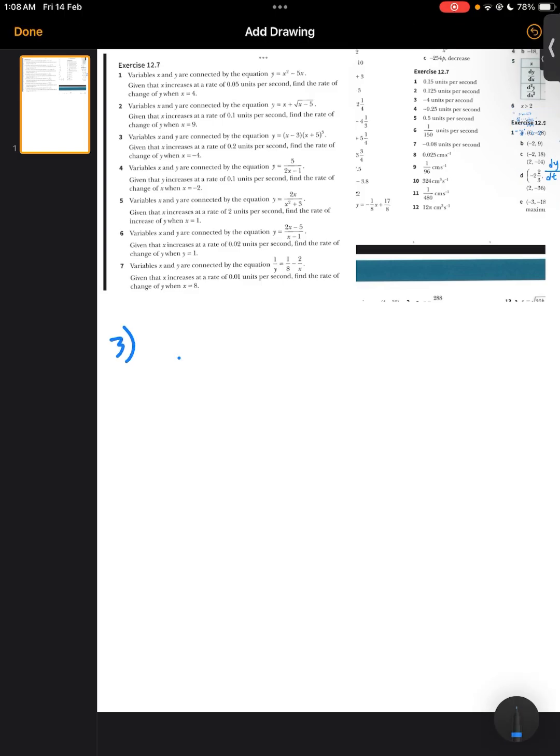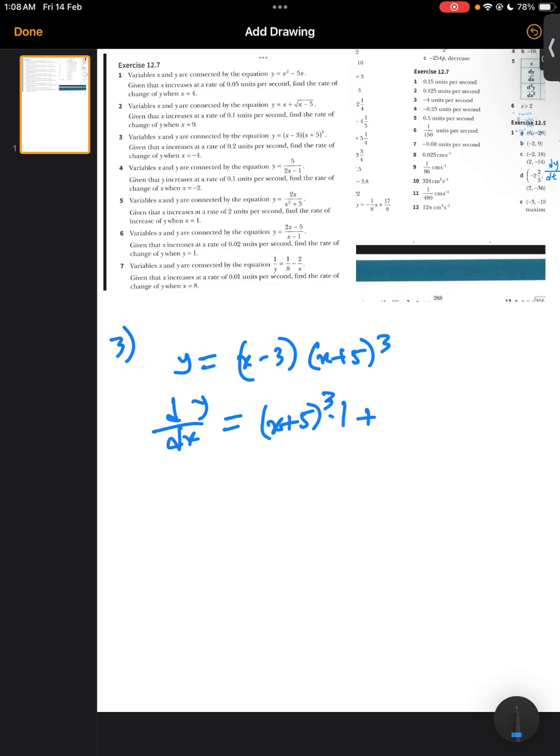Number 3. Okay, the equation is given as y is equal to (x minus 3)(x plus 5) to the power cube. So dy/dx is basically (x plus 5) to the power cube times 1 plus (x minus 3) times 3(x plus 5) to the power square times 1.